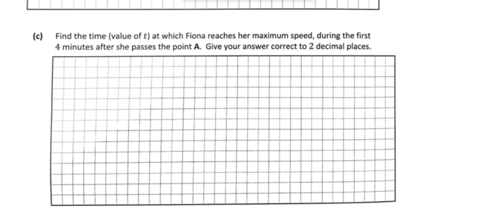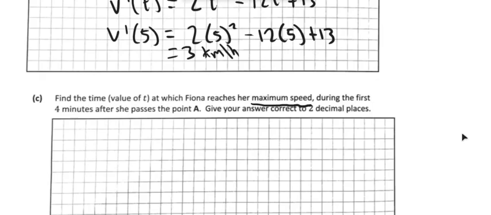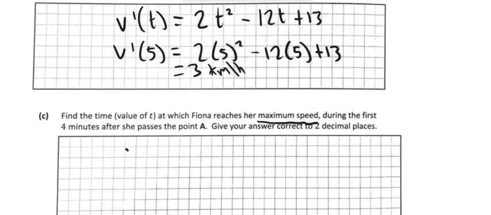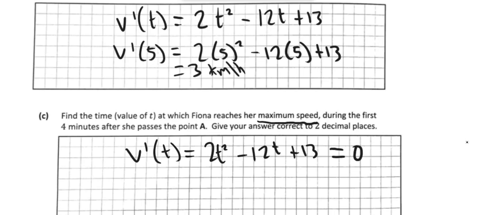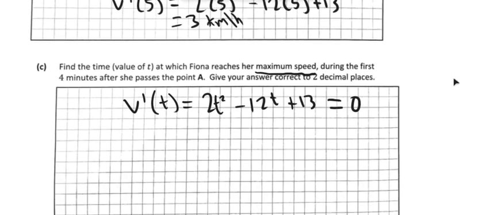Right, so for maximum speed here, whenever you see max or min, you know that you'll be differentiating, and we've already differentiated the last bit. So v dash t is equal to 2t squared minus 12t plus 13, and you should know at a max or a min that is always equal to 0. So we just have to solve here. Then you don't even need to put in that v dash t bit.